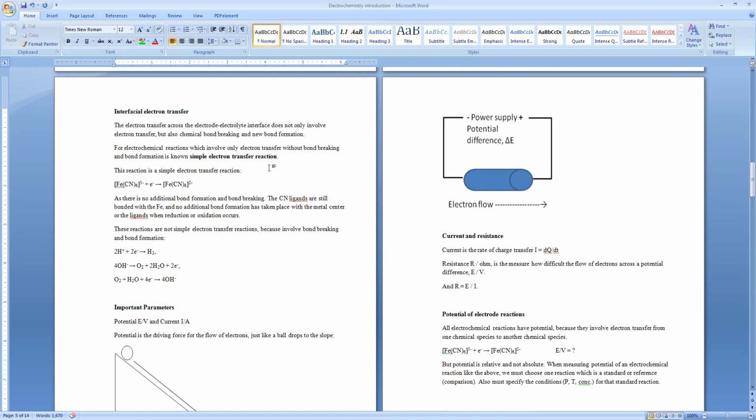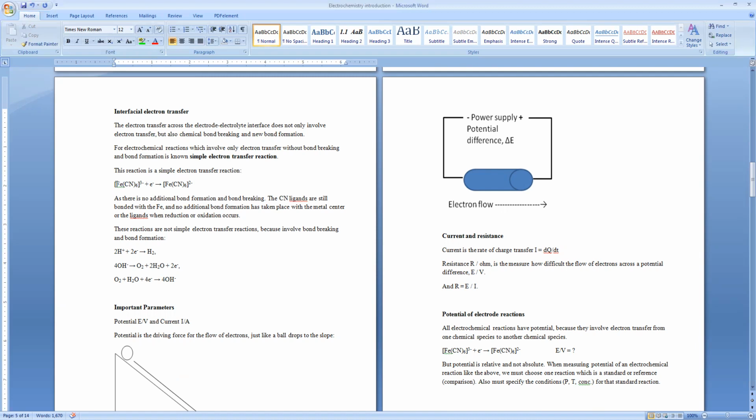So for example, if you look at this reaction, hexacyanoferrate(III), Fe(CN)6 3-, plus 1 electron, gives you hexacyanoferrate(II), Fe(CN)6 4-.